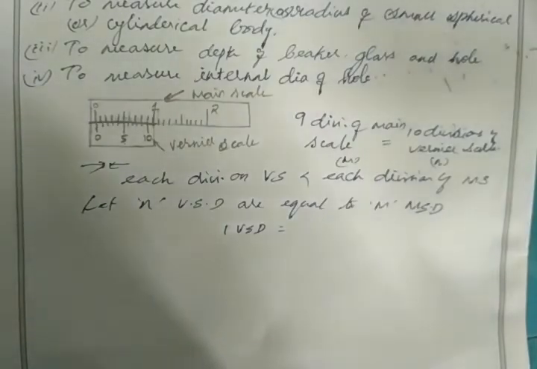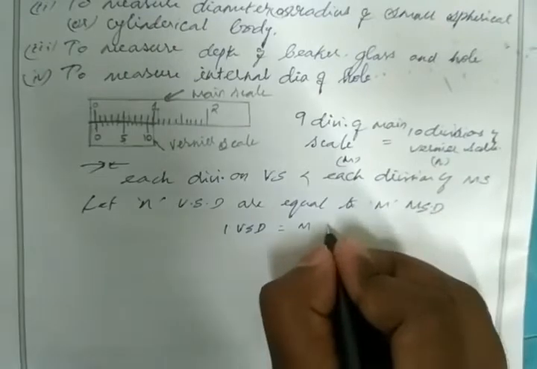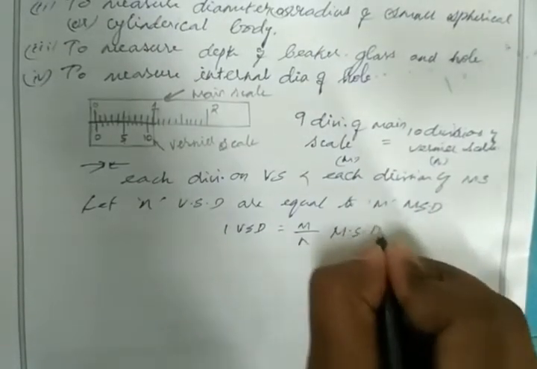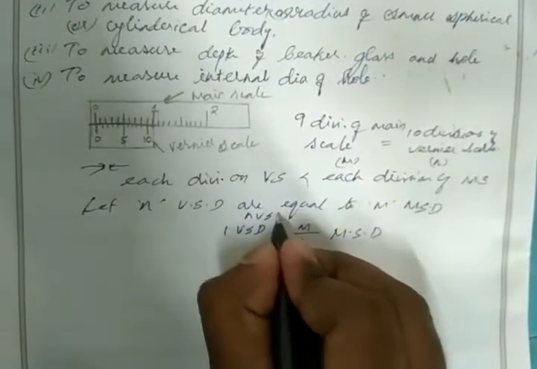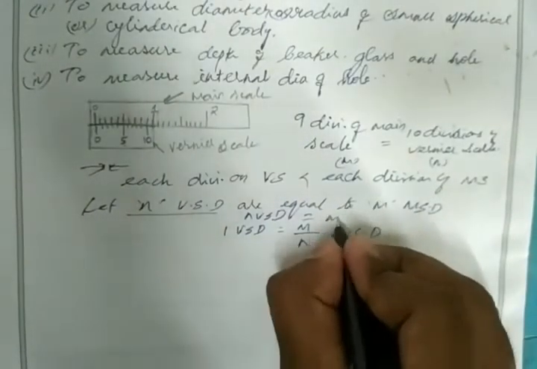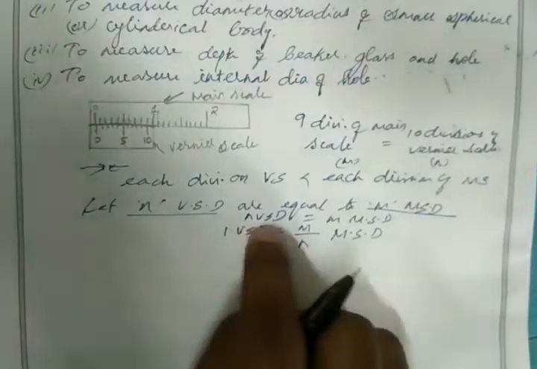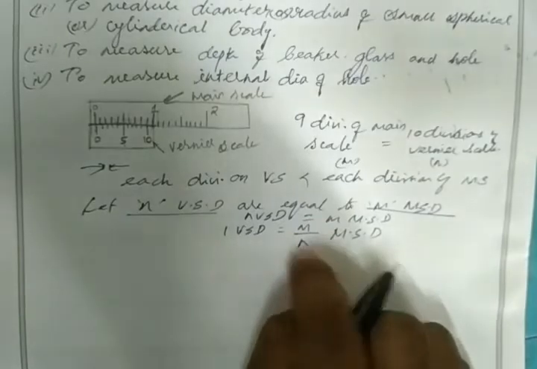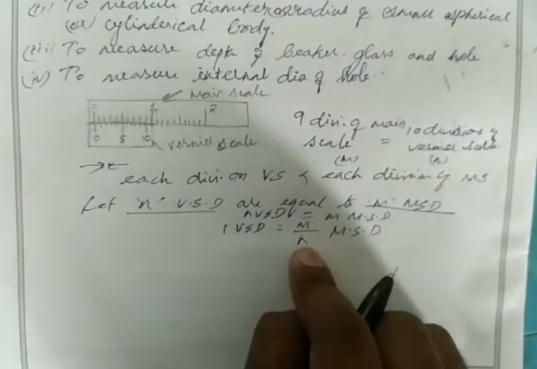Since N VSD equal M MSD, then 1 VSD equals M by N MSD, as N goes to the right-hand side of the equation.